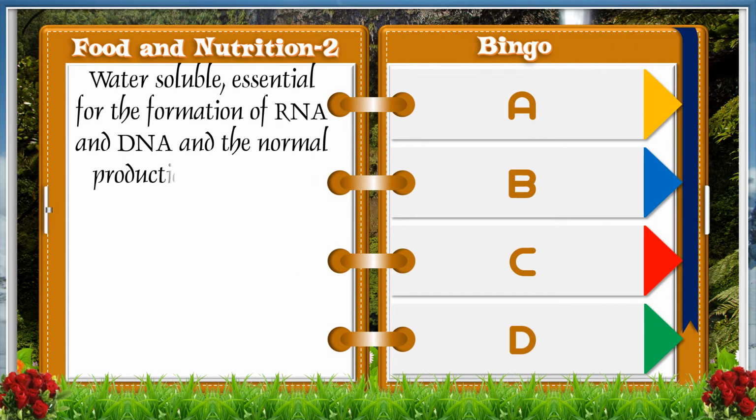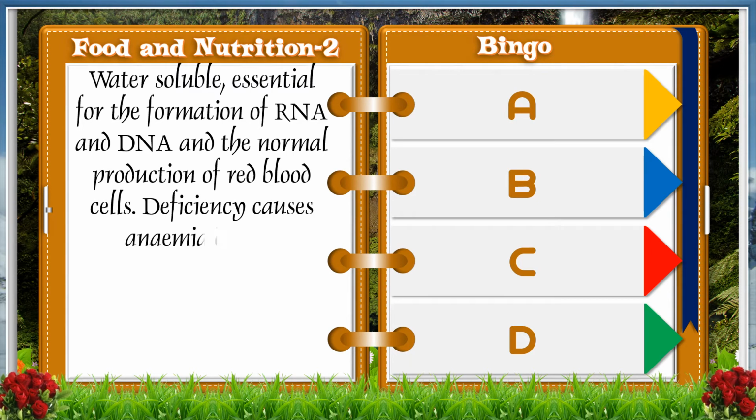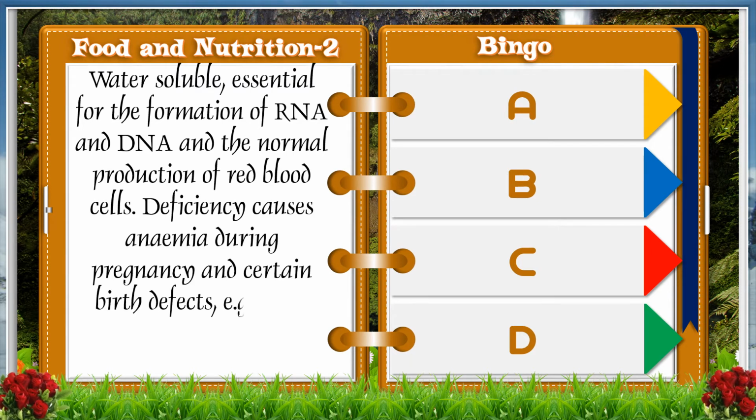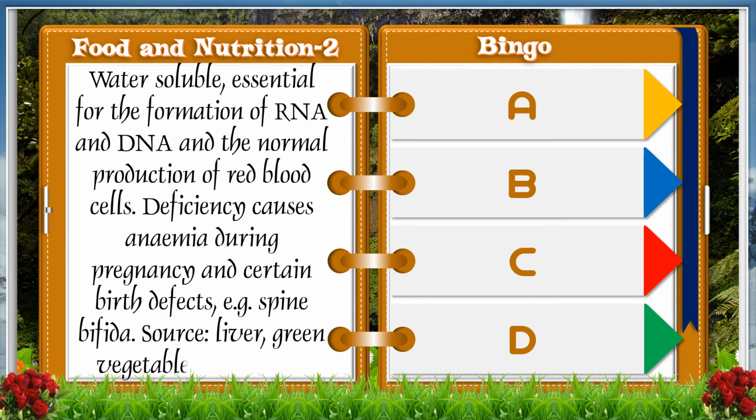Water-soluble, essential for the formation of RNA and DNA and the normal production of red blood cells. Deficiency causes anemia during pregnancy and certain birth defects, e.g. spina bifida. Source, it is liver, green vegetable, and yeast.